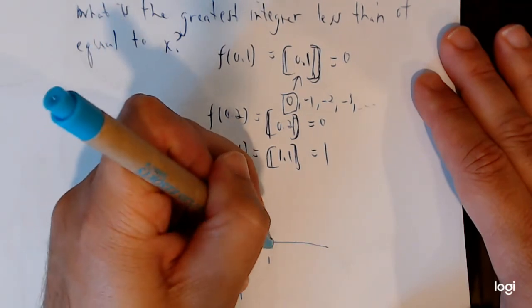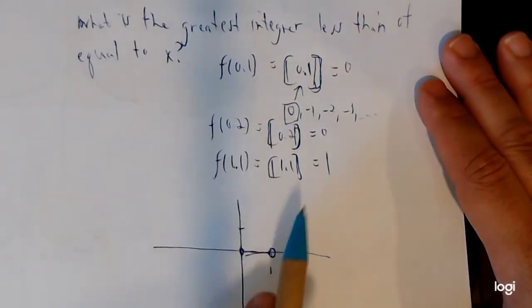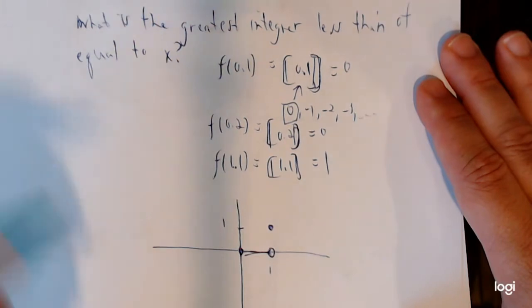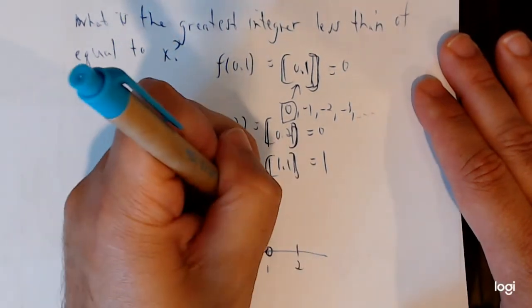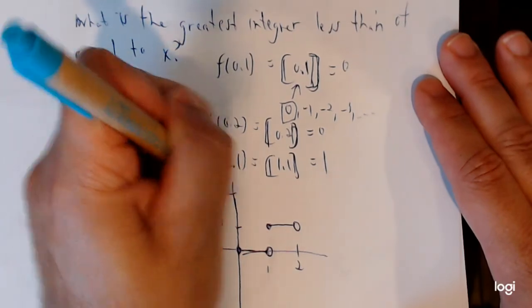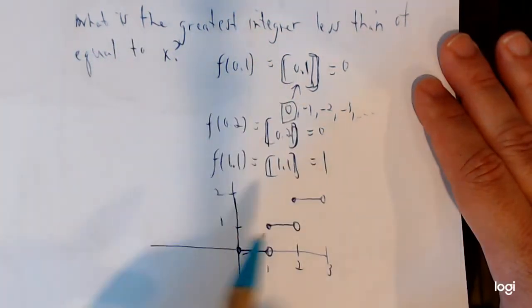And then at 1, we're going to put a closed point, because the greatest integer less than or equal to 1 is 1 itself, a y value of 1. So from 1 to 2, my y values are always going to be 1. And then after 2, it's going to bump up to 2, and it's going to continue doing this.